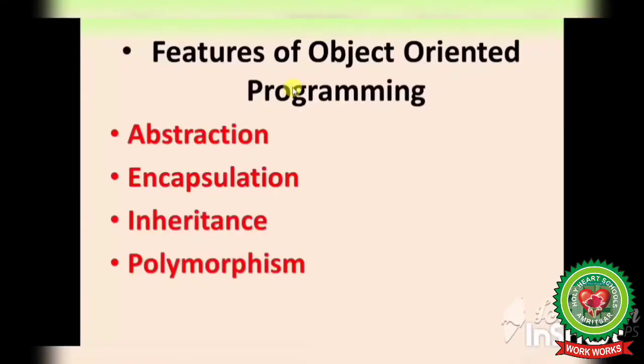Let's learn about some features of object-oriented programming language. You can also say principles of object-oriented programming. Here we have 4 features: abstraction, encapsulation, inheritance, and polymorphism.